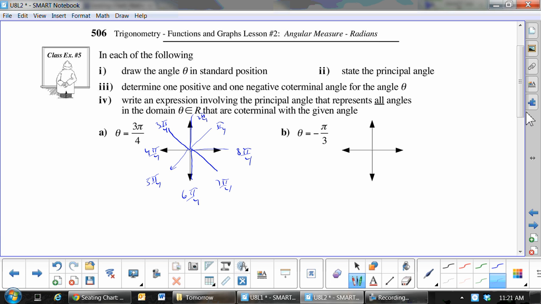Now, is there a 6 pi over 4 on your unit circle? It's 3 pi over 2. Why did they do that? They just reduced the fraction. So if you said 3 pi over 2, I'd make it over 4 in a second.